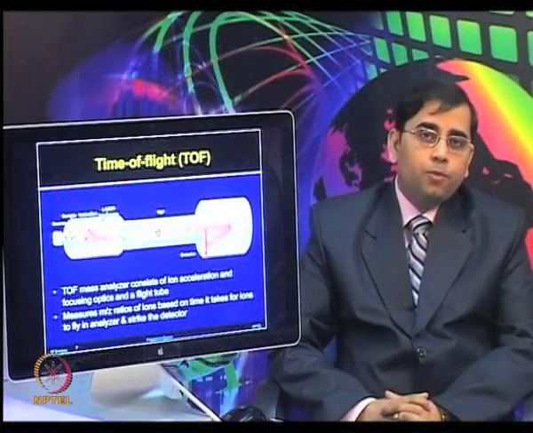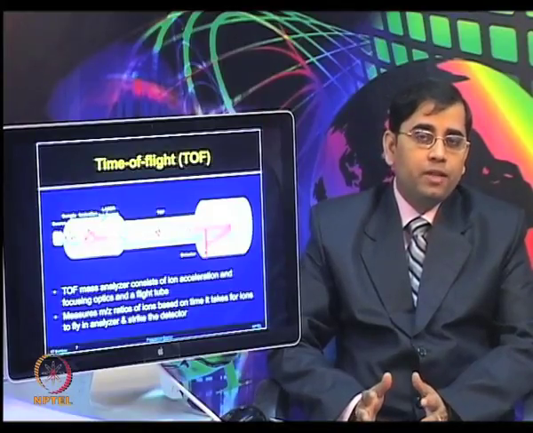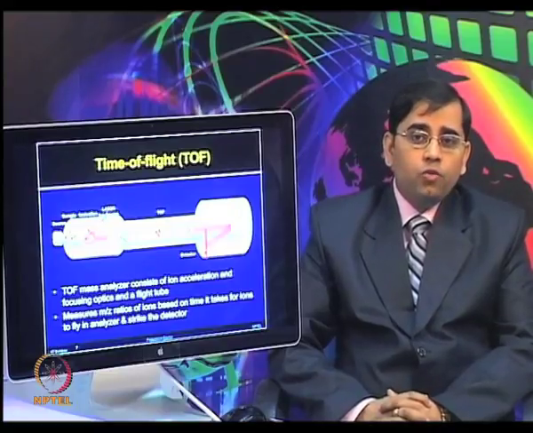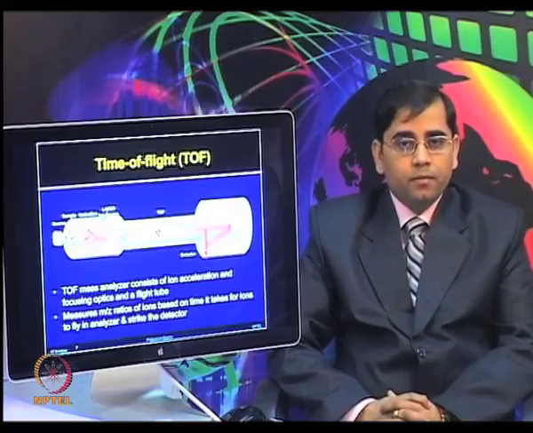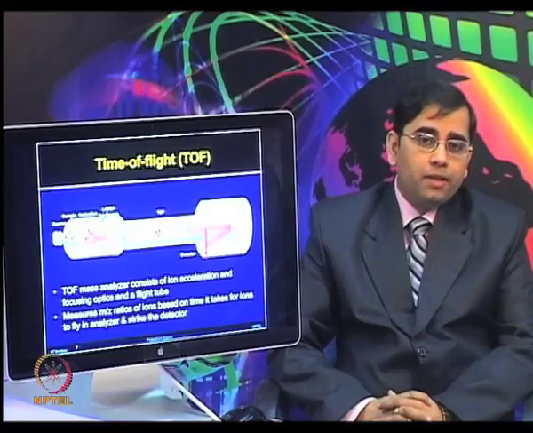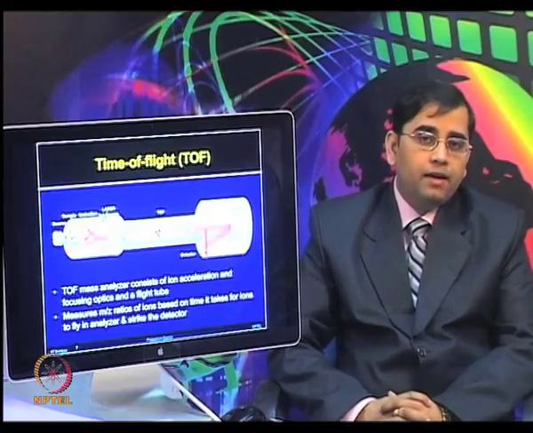Now, the mass is exponentially proportional to the flight time, how much time it takes to travel in the time of flight tube. So, ions of lower masses are accelerated to higher velocities. Time of flight analyzers often outperform scanning mass analyzers in sensitivity and scan speed.